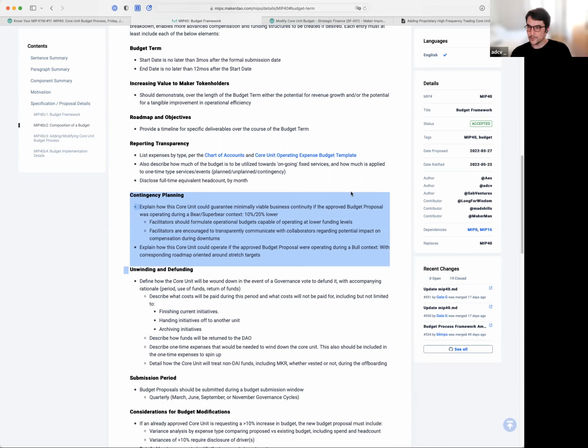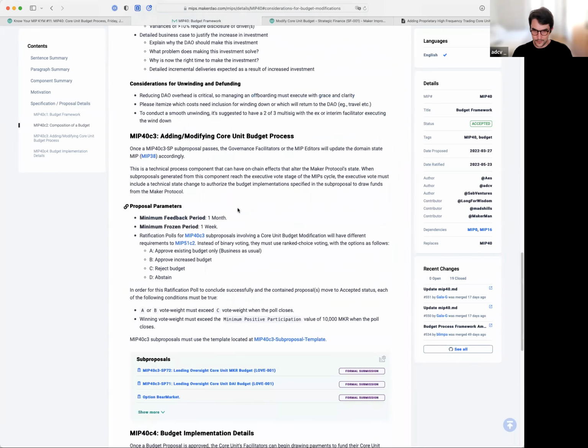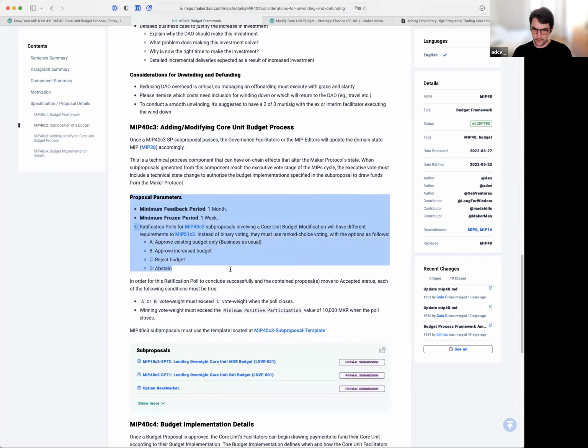Here we're asking people to be proactive, and related to this contingency planning, as part of the structure of the MIP, we've introduced the concept of ranked voting, thanks to GovAlpha for setting it up correctly. If you scroll down to the bottom, you'll see that the proposal parameters are no longer oriented on a binary yes and no.